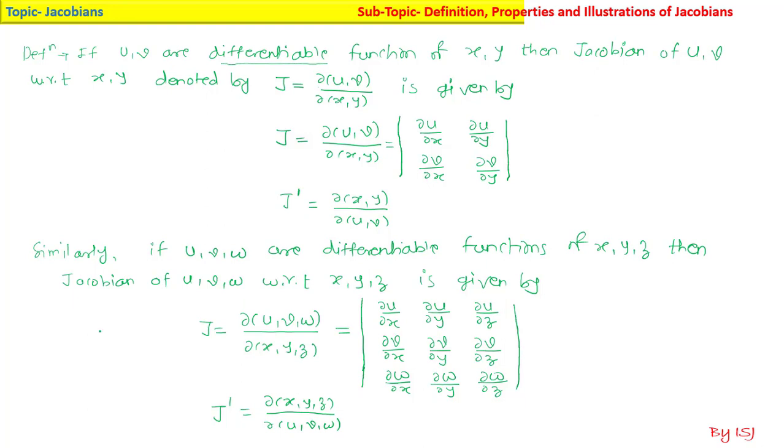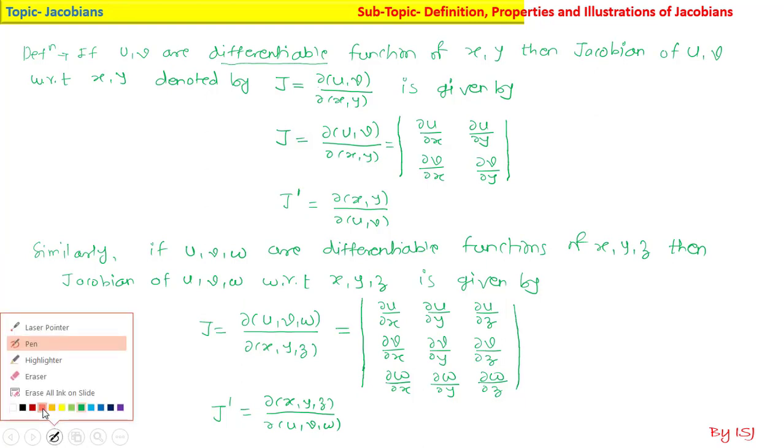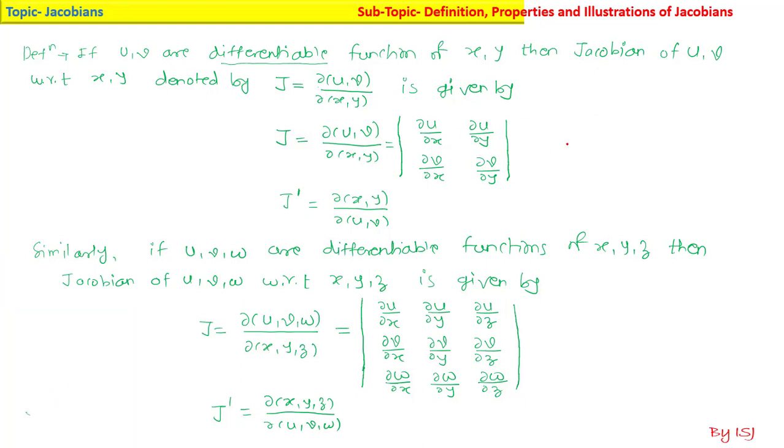And there is one more important property for the Jacobian: for any Jacobian, J into J dash is always equal to 1. This is the property. J into J dash is always equal to 1. Okay, so this is the basic definition, basic formula for the Jacobian.